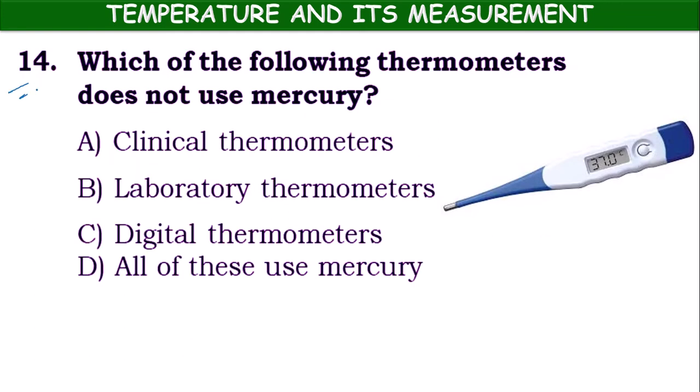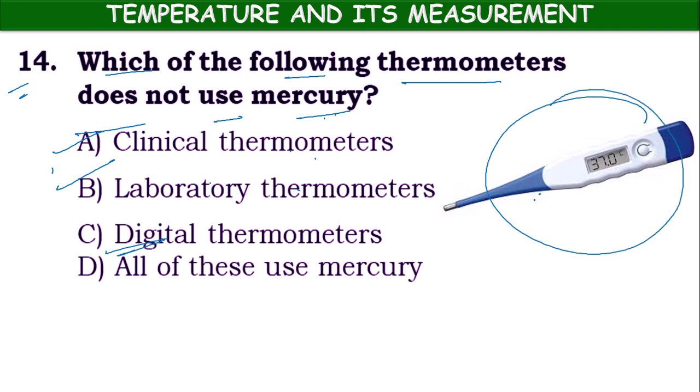Next, 14th. Which of the following thermometers does not use mercury? In most clinical thermometers, we make use of mercury. In some laboratory thermometers, we make use of mercury. But in digital thermometers, there will be no liquid.